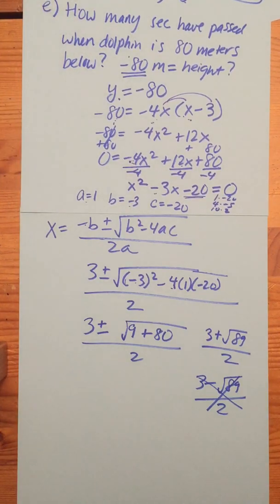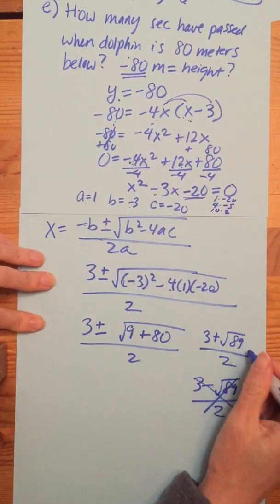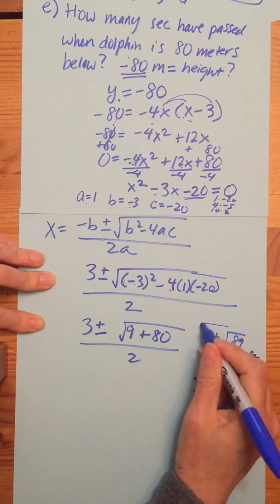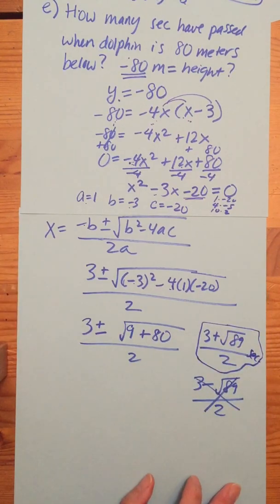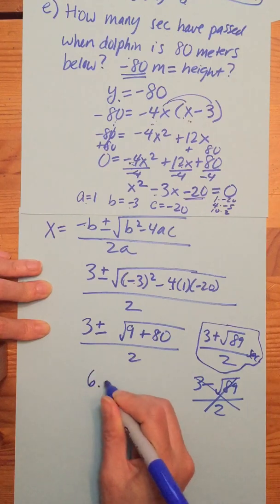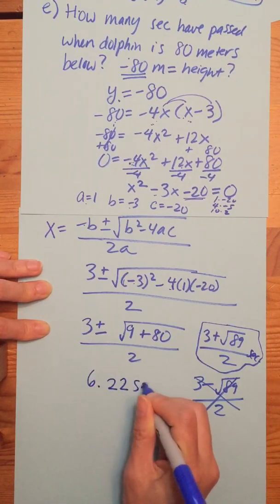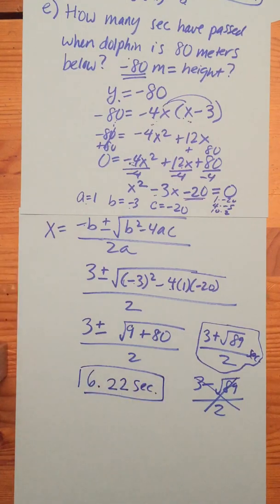Okay. And if they ask for an exact time, it would be 3 plus root 89 over 2 seconds, which only a really purist math person would want. Other than that, they're going to tell you to round to the nearest something. So I'm going to say round to the nearest hundredth, so it's going to be about 6.22 seconds. In 6.22 seconds, the dolphin would be 80 meters deep.